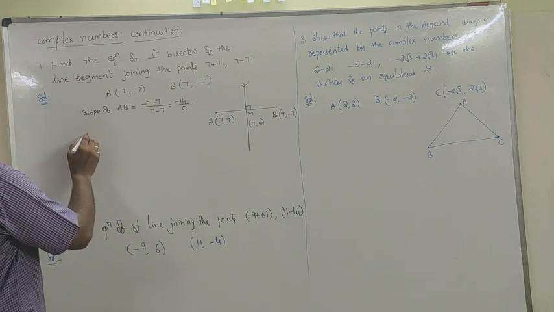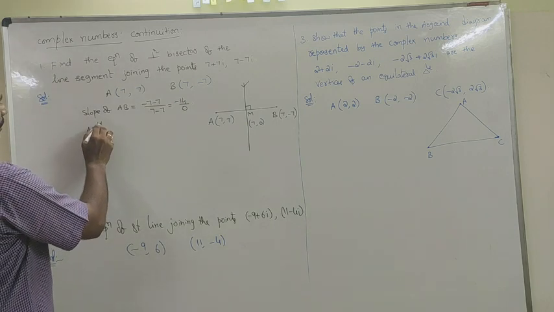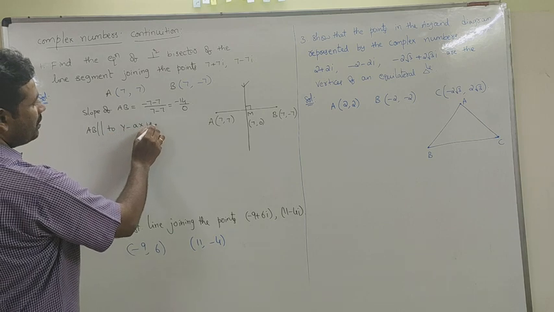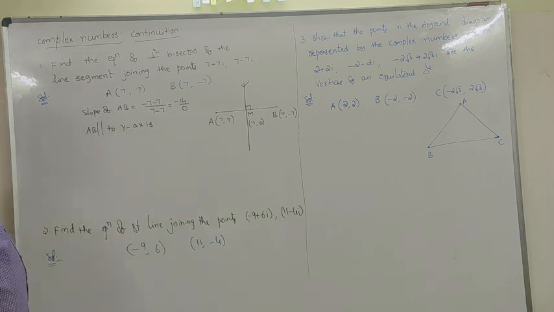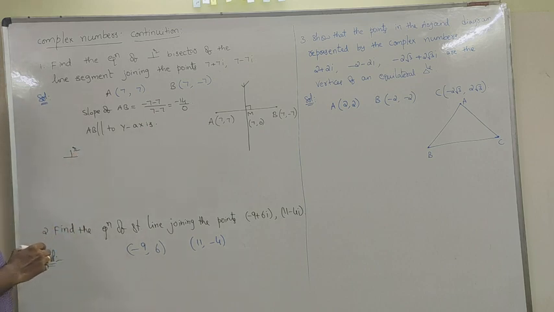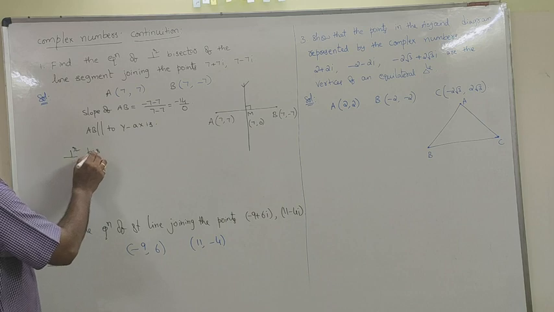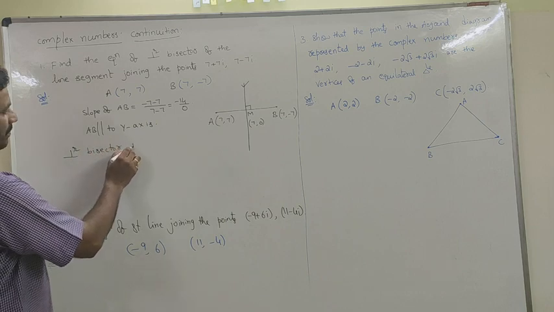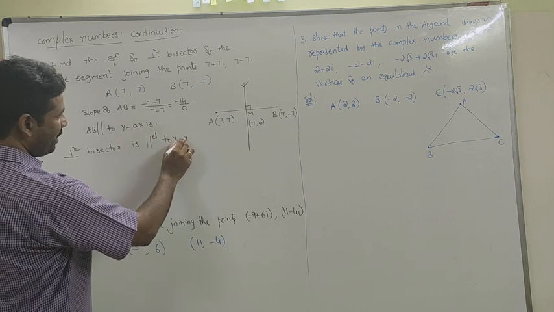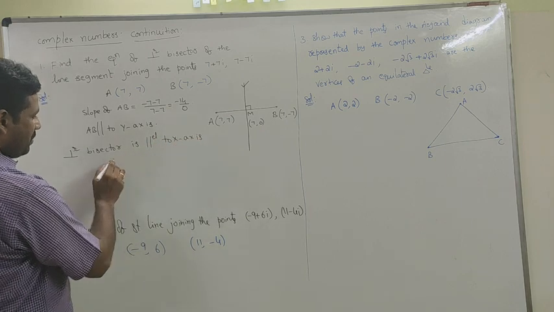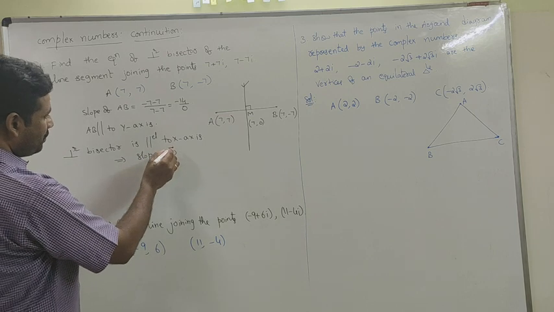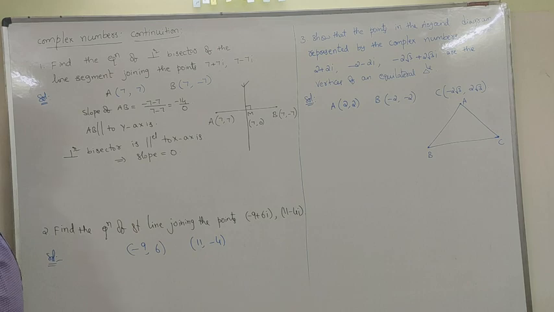That means line AB is parallel to the y-axis, then the perpendicular bisector is parallel to the x-axis, that implies slope equal to 0.